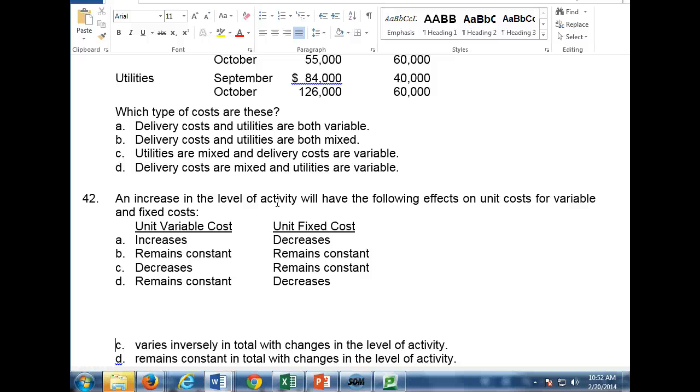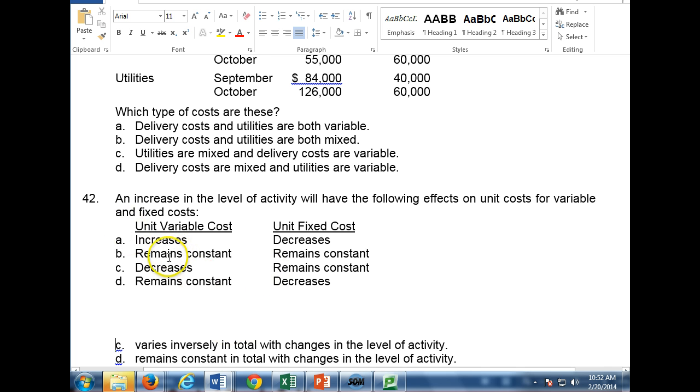So as we increase our activity, the variable cost increases. With fixed cost, as we increase our activity, the fixed cost decreases. That's the bottom line.